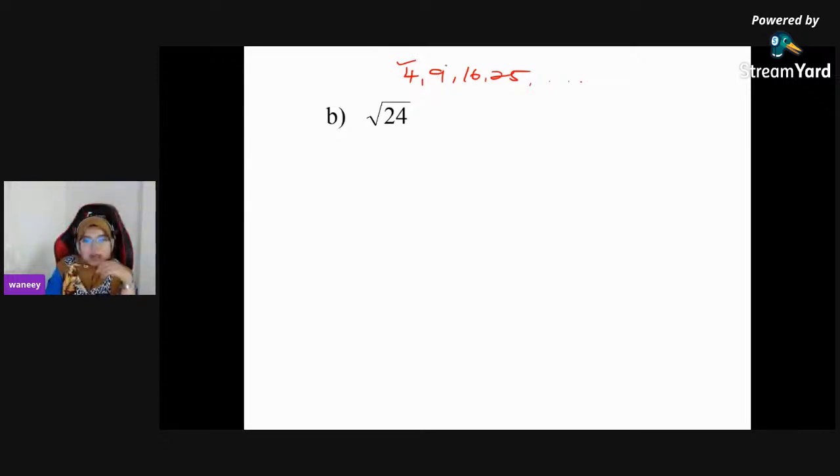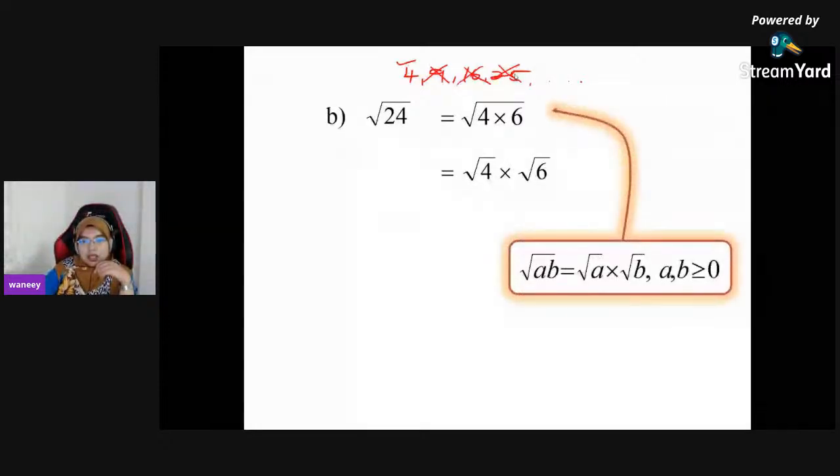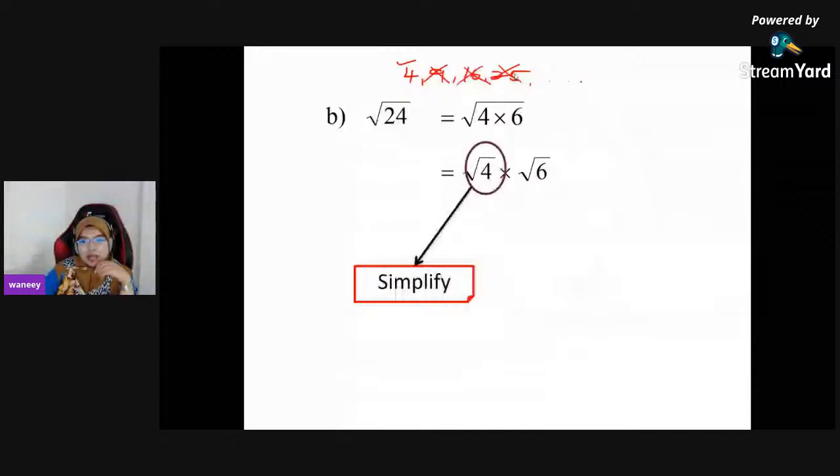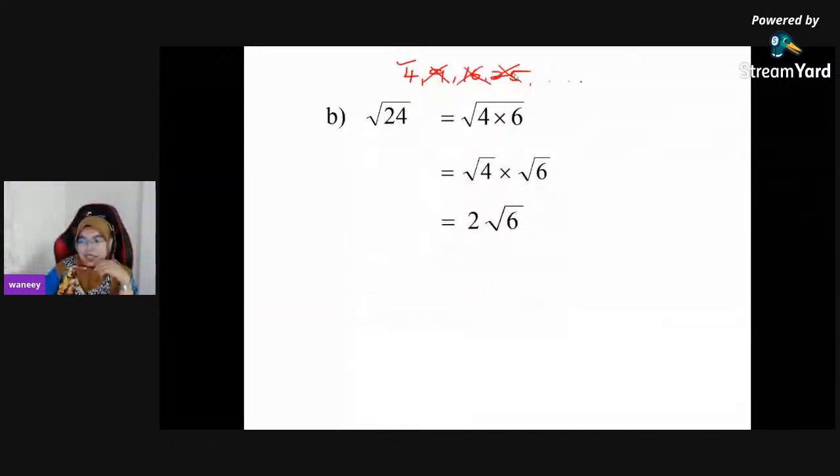But it cannot be divided by 9, so no. 16, no. 25 is over, no. So that means we can do 4 multiplied by 6, and then square root of 4 times square root of 6. Square root of 4 is equal to 2, so it will become 2 square root of 6. So find one factor that is a square number. Okay, so that is for B.